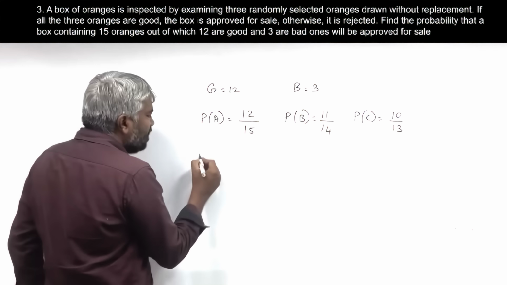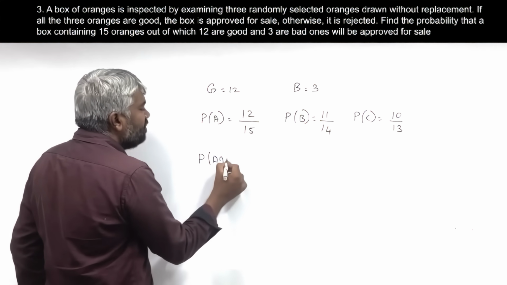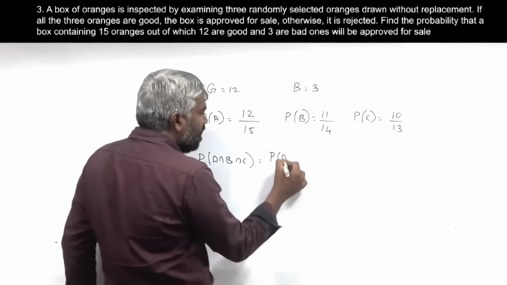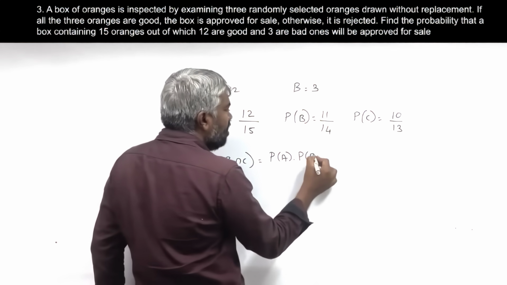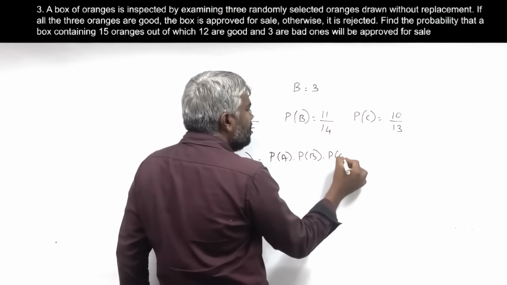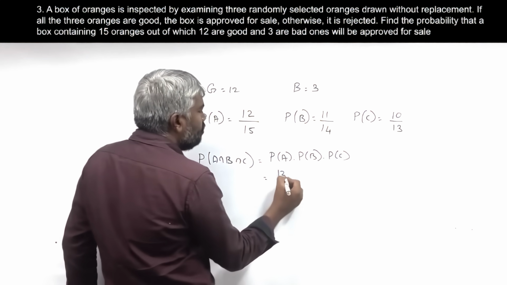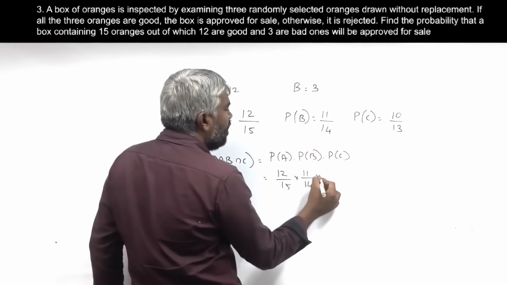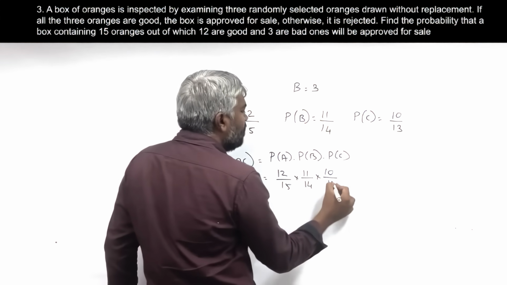Now I am going to find the condition that the box will be approved for the sale, which is A, B and C. So 12 by 15, 11 by 14, 10 by 13.